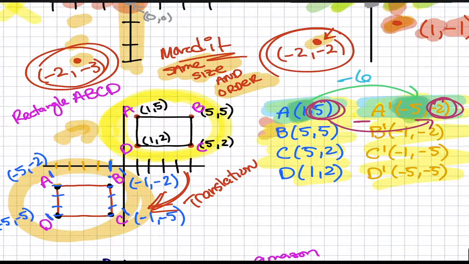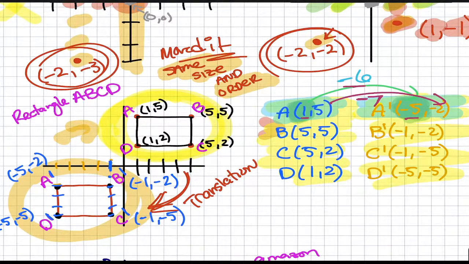What do you subtract to go from 5 to -2? Okay, hopefully you see it. You have to subtract 7. If you go 5 minus 7, you end up with negative 2. If you go 1 minus 6, you get negative 5.